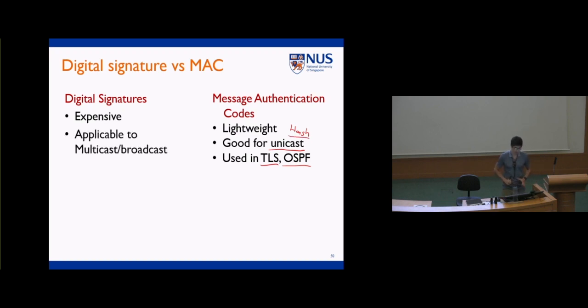And good thing about them is that they are applicable to multicast or broadcast scenarios. When I have multiple destinations, I do not have to share a different key with each of them because all of them will possess my public key. Now they can verify my signature using my public key. I do not have to share key with all of them. I just share my public key once.